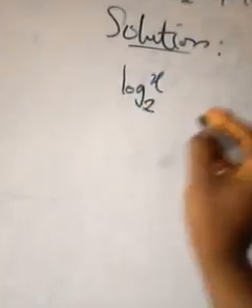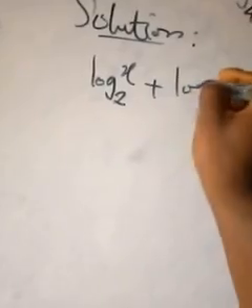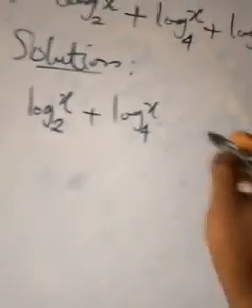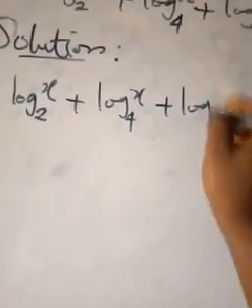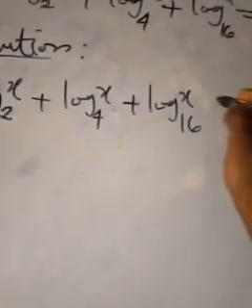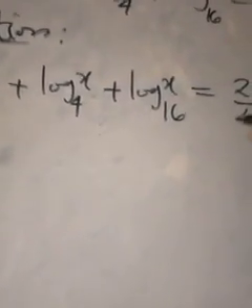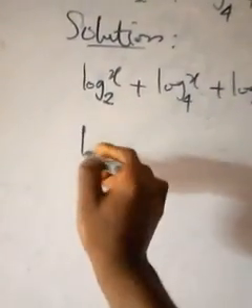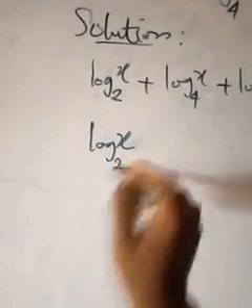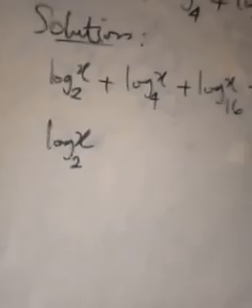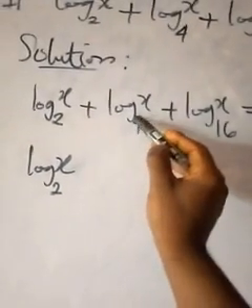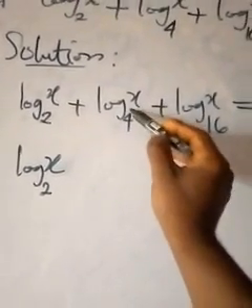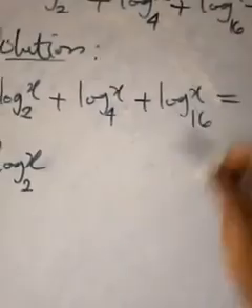We have log s base 2 plus log s base 4 plus log s base 16 is equal to 21 over 4. Now, log s base 2 is okay on its own. But let's look at this one. This is 2 raised to power 2. This is 2 raised to power 4.